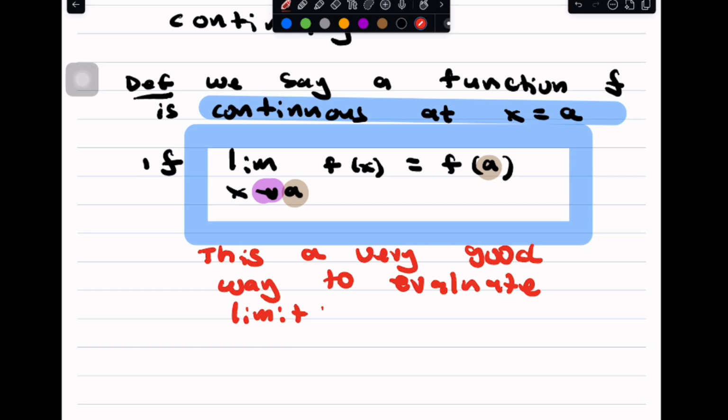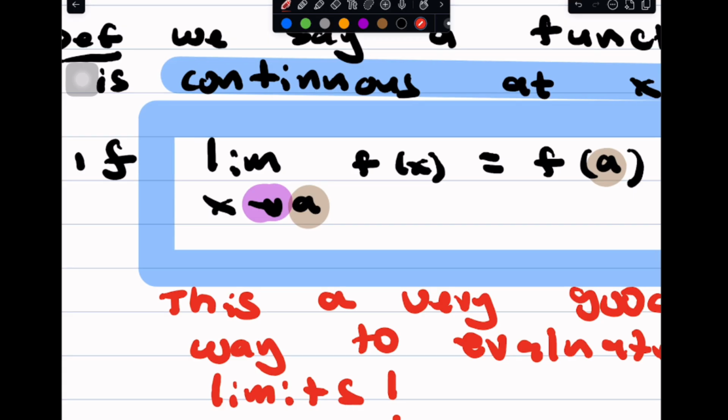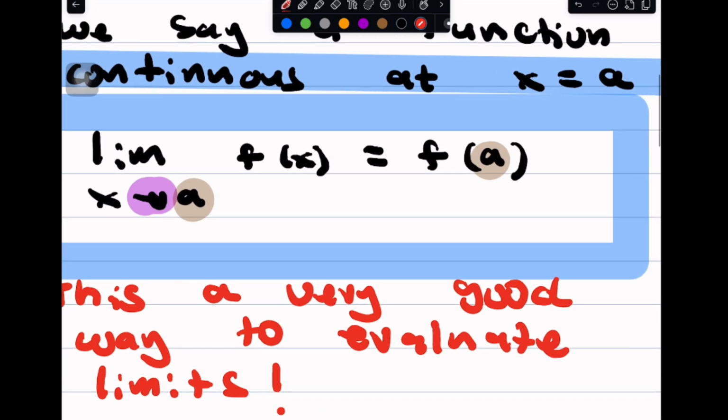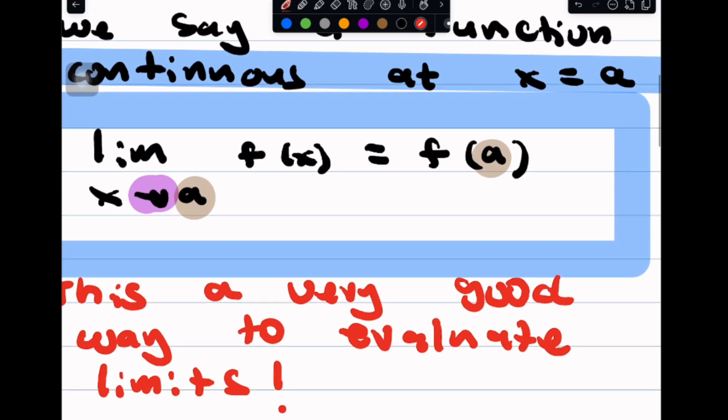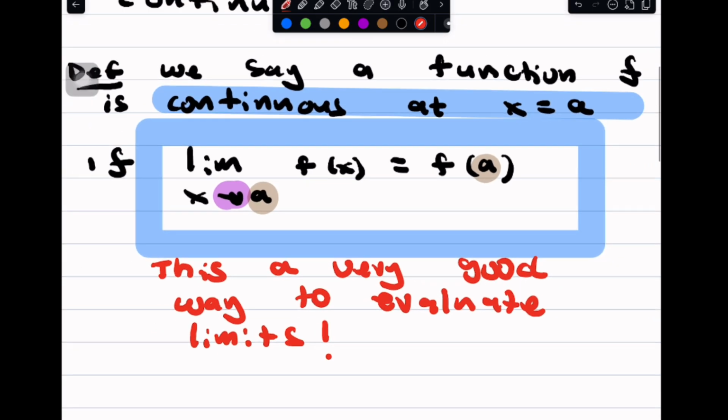Limits. So the only reason I'm talking about this is because on the left side here, you're asked to evaluate a limit. Okay, that's on the left side. What does that equal? The value of the function at the point. Only when the function's continuous.